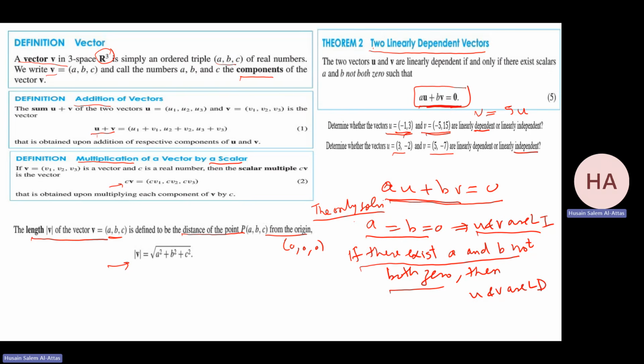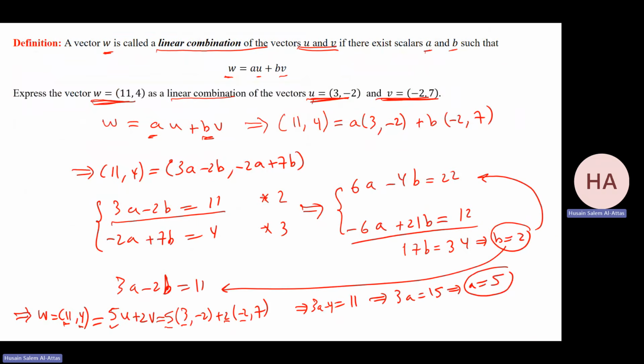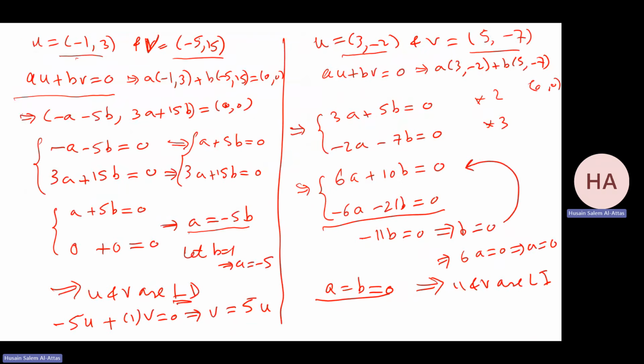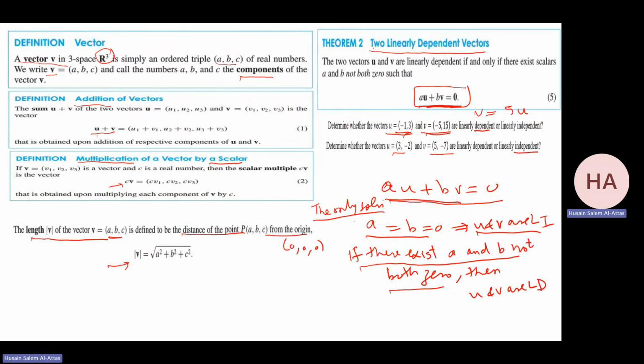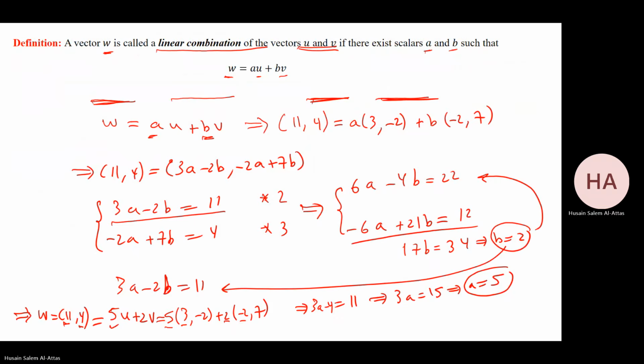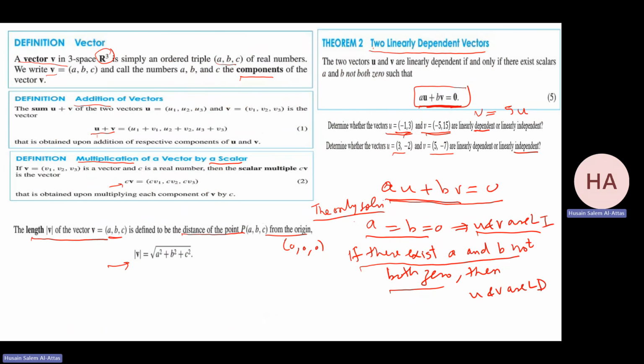And then we talk about mainly linear independence when we say two functions or two vectors or three vectors are linearly independent. So either we do it through this, find A and B. If the only solution is A equal to B equal to 0, that means they are linearly independent.